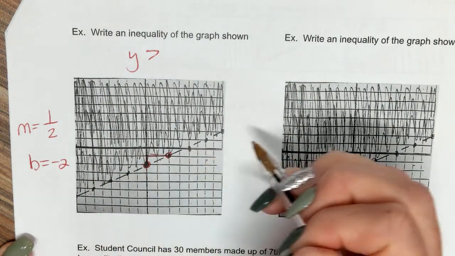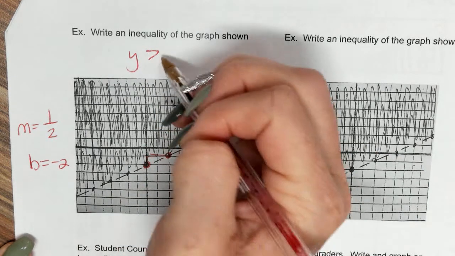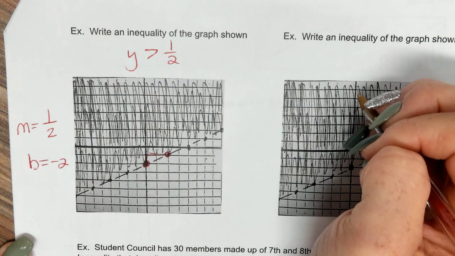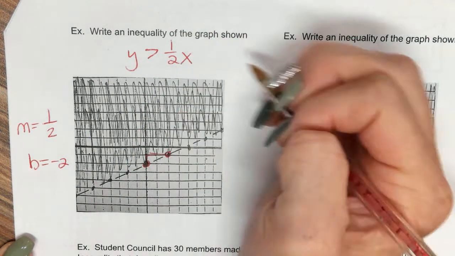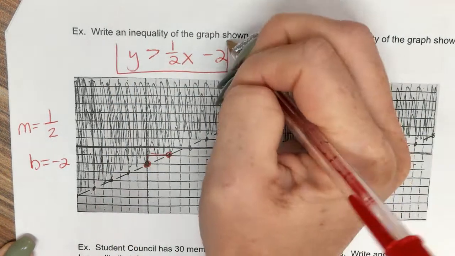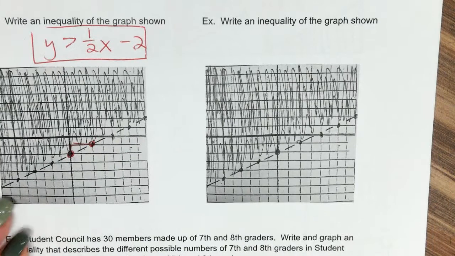Do I need an or equal to sign? Because it's dashed, no. So y is greater than my slope, mx plus b, yes? So 1/2 x plus -2, or minus 2. Okay, I want y'all to try the next one on your own.